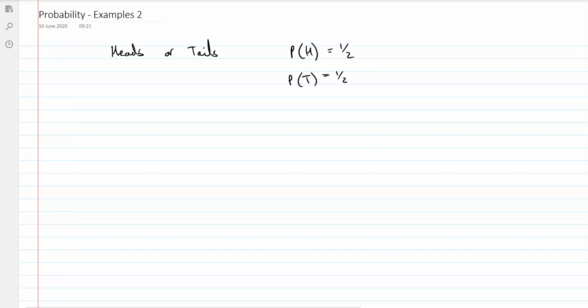So let's say we're flipping a coin twice. Okay, so two separate events. There's the first flip, and then there's the second flip, or the toss, whatever you want to call it.